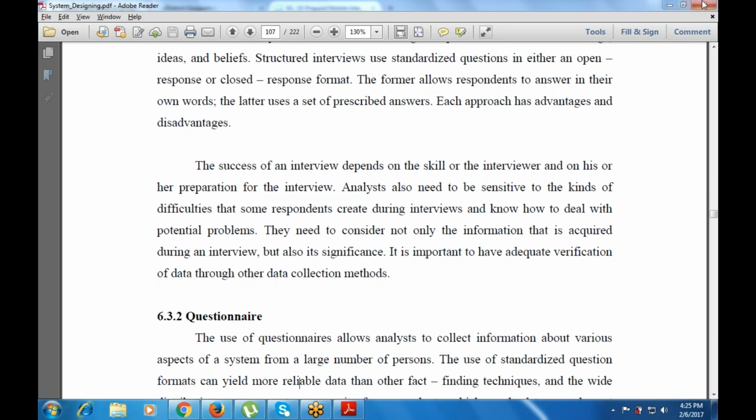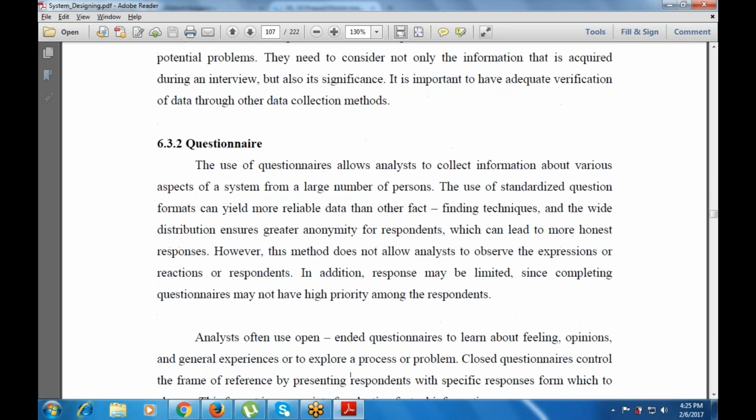So the interview is done. The next one is the questionnaire. A questionnaire is a printed form, and its use allows the analyst to collect information about various aspects of a system from a large number of persons.